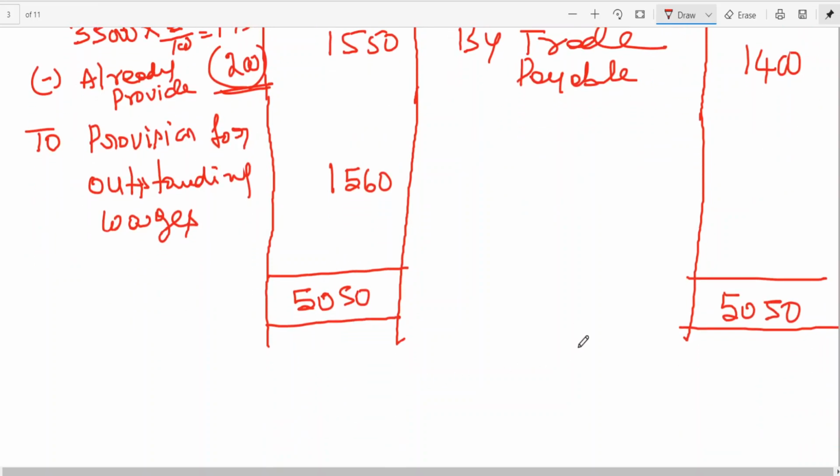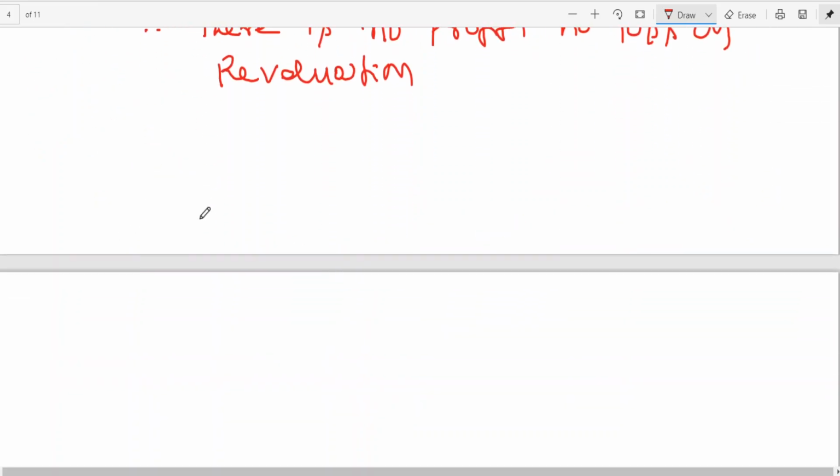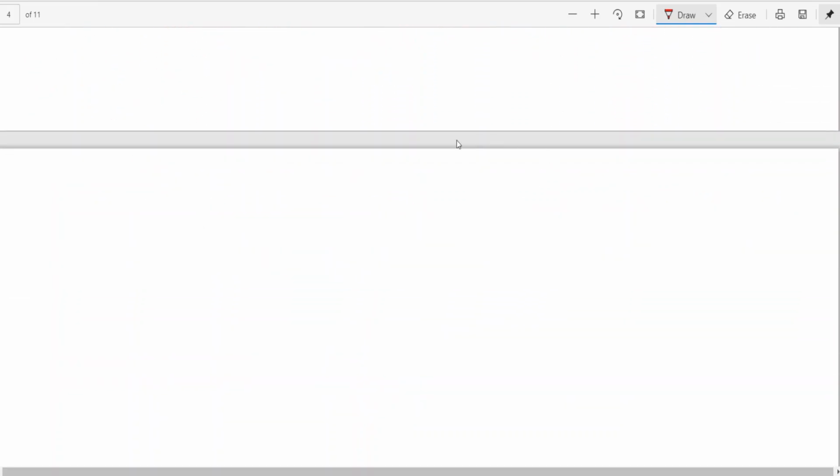So therefore we can say there is no profit, no loss. There is no profit, no loss on revaluation. That's it. But these adjustments will be taken to where? If you prepare balance sheet, it will be taken to balance sheet. Now let me take you to partners capital accounts.